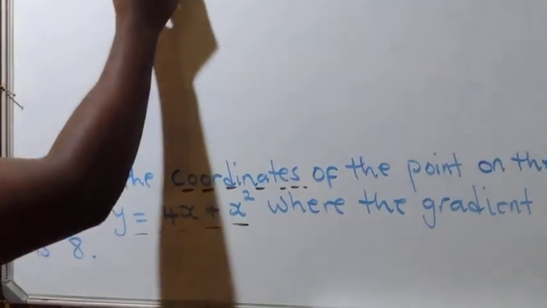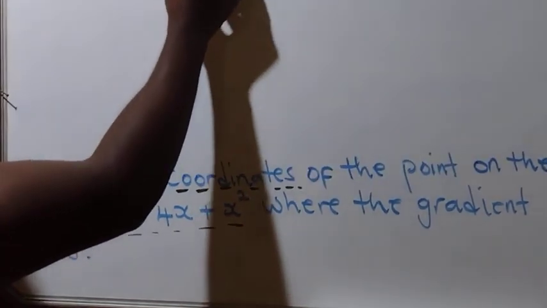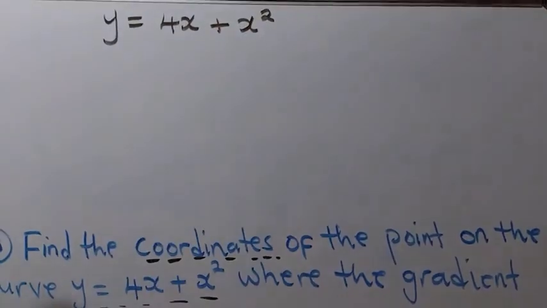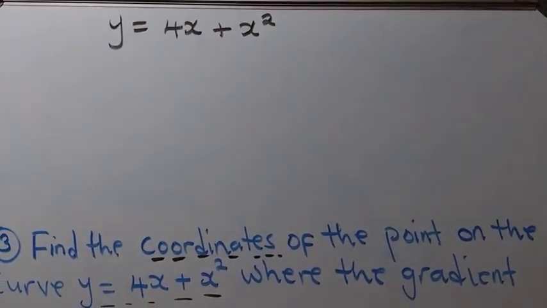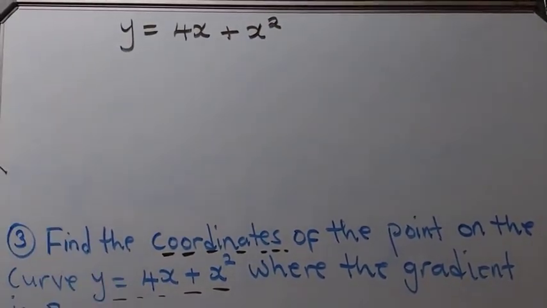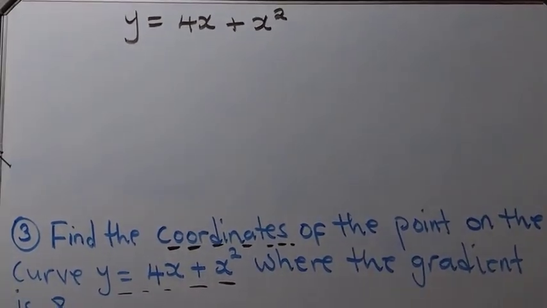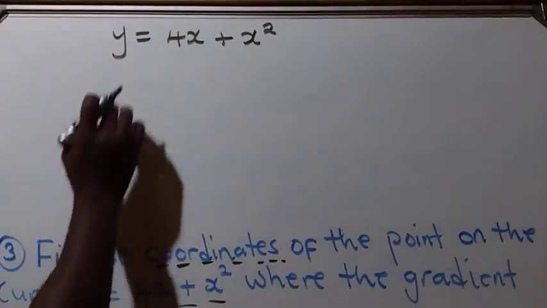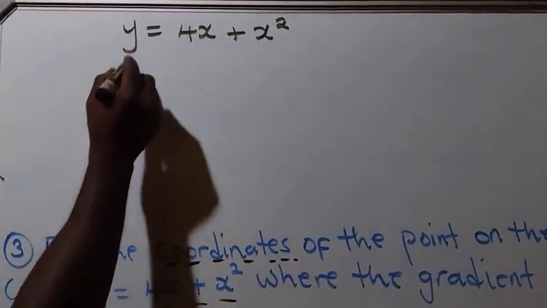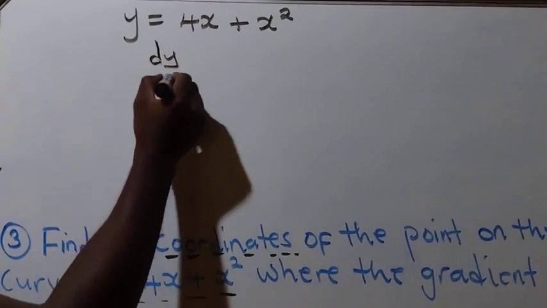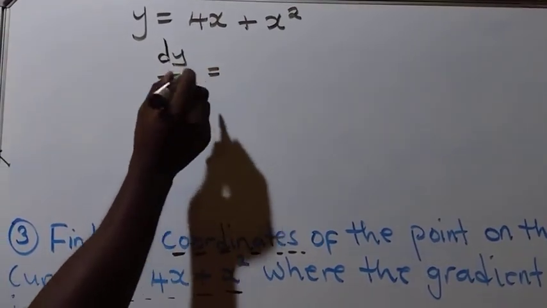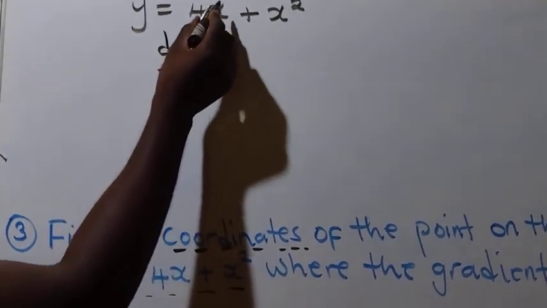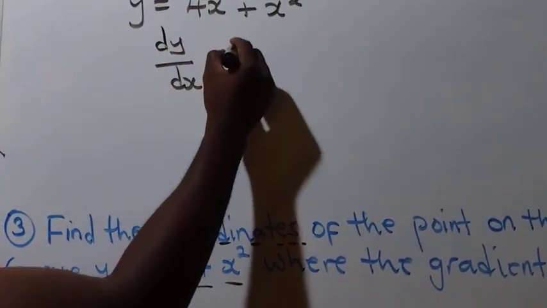So the curve we are being given is y is equal to 4x plus x squared, where the gradient is 8. In order for you to find the coordinates, first you are going to differentiate this, where we say dy/dx equals, so the coefficient of x is 4 and the power of x is 1, so 1 times 4 will get a 4.